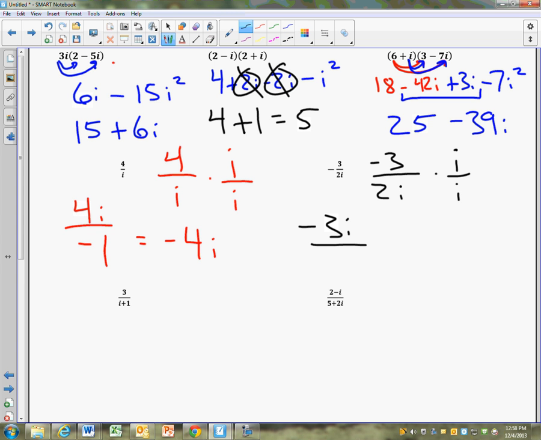Just got multiplied by I. What's 2i times I? 2i squared, which is negative 2. I don't leave it like that. What's negative 3 over negative 2? 3 halves, and I put the I on the end. Always put the I on the end. Always, always, always.